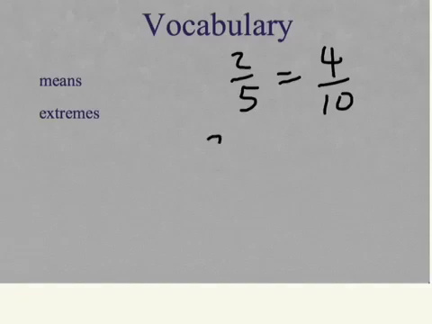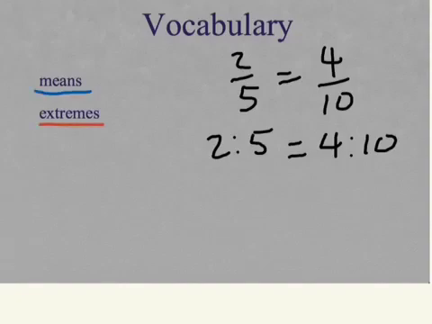One way is to write 2 is to 5 as 4 is to 10 using the colons here. So the key to recognizing what the means and extremes are is really just looking at the location of these numbers. If I highlight or underline the word means in blue, I can show you that 5 and 4 are the means. A quick or easy way to remember this is that the means are in the middle.